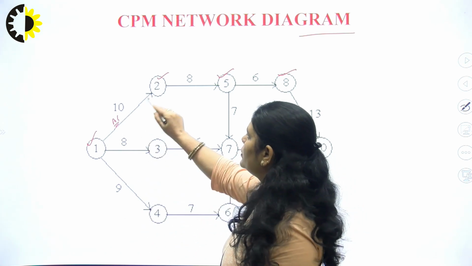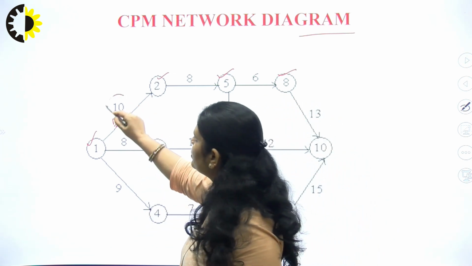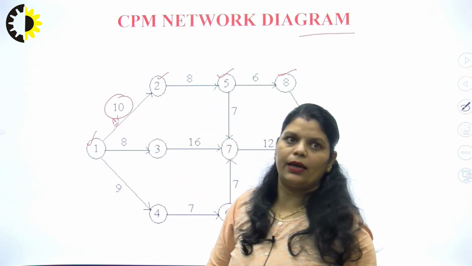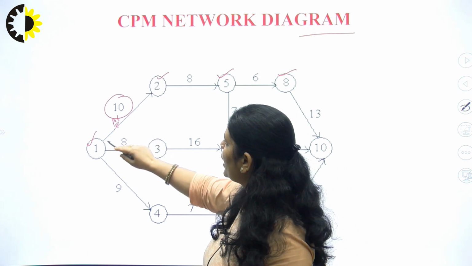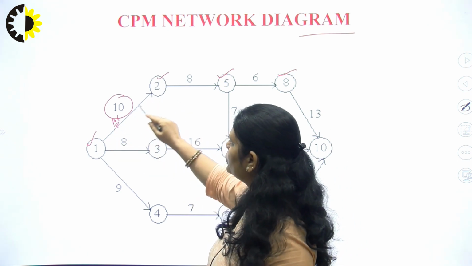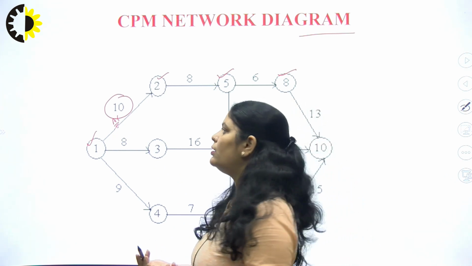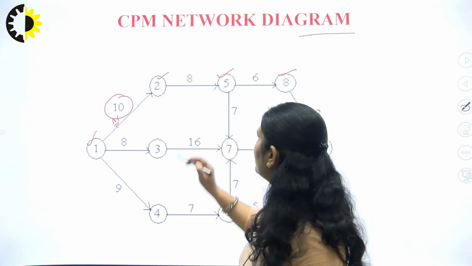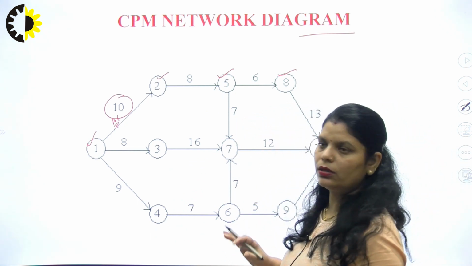These arrows are showing the different activities, and this is basically the time. Okay, meaning if we take the activity between 1 and 2, it is taking the time 10, and that time can be in days or hours. Okay, so in this way we can represent our network diagram.